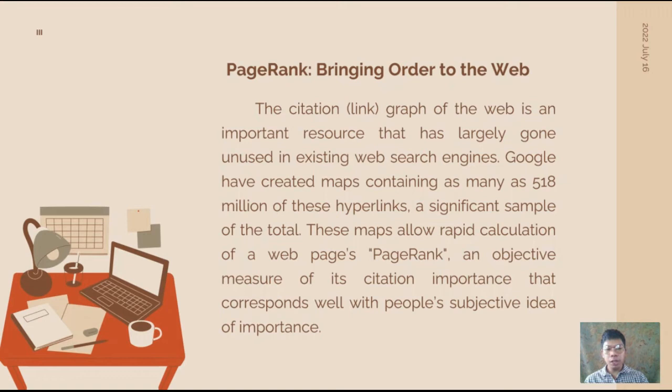This map allows rapid calculation of a web page's PageRank, an objective measure of citation importance that corresponds well with people's subjective idea of importance. PageRank is an excellent way to prioritize the results of web keyword searches.